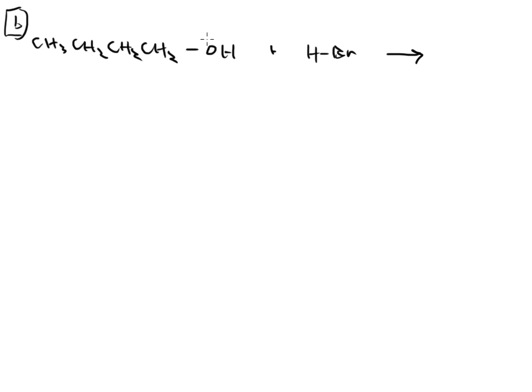So the OH group has some pairs of electrons on it. They're not drawn normally, but they're understood to be there, so there they are. And the H and the Br is a polar compound, so this Br is a delta negative and this hydrogen is a delta positive. So bromine does have electrons around it as well. There's 3 sets, 2, 4, 6, and 2 from the bond is 8.